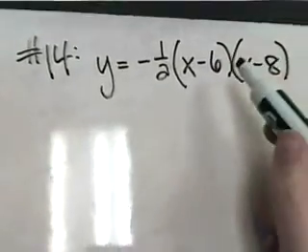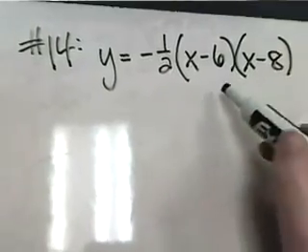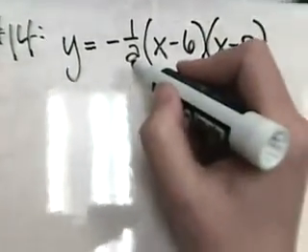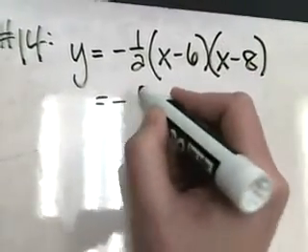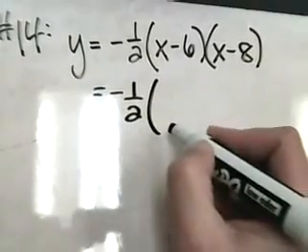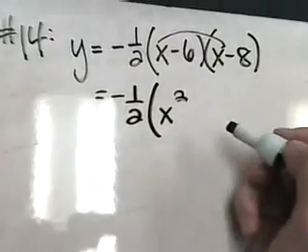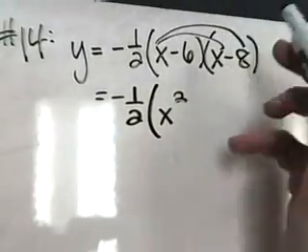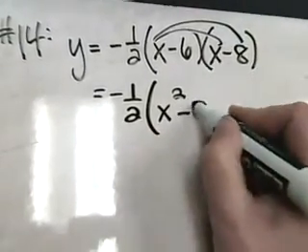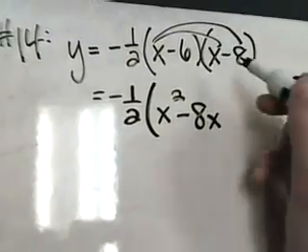Okay, so remember, I want to FOIL first. I want to take care of my parentheses first. I leave this guy alone. So negative 1/2 is going to stay out front. Then I have x times x is x squared. Outside terms, x times negative 8 is negative 8x.